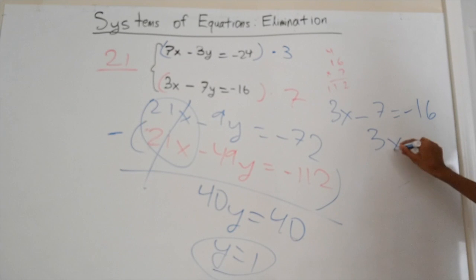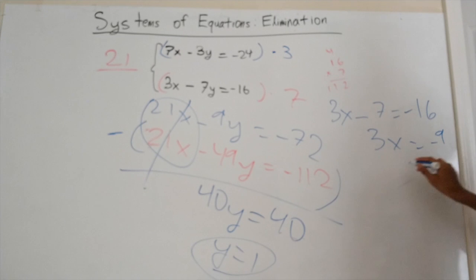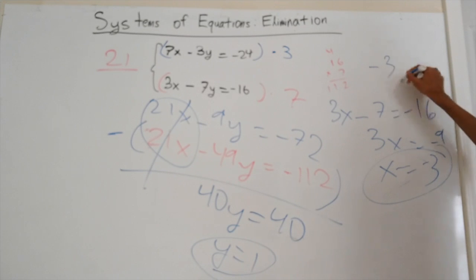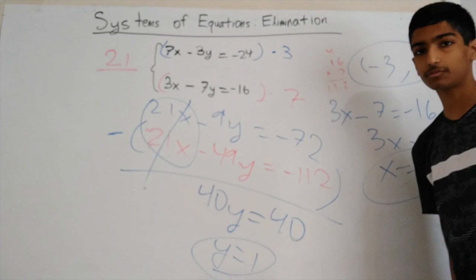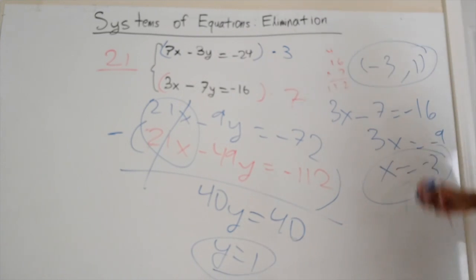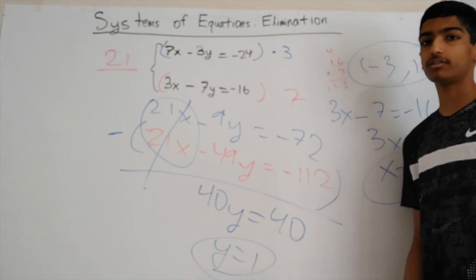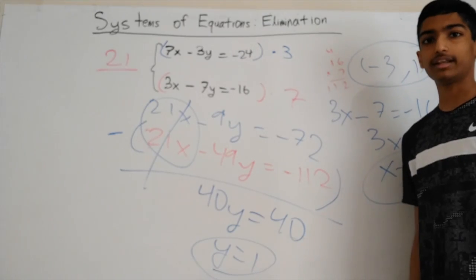So 3x equals negative 9, so x equals negative 3. So we have the solution negative 3, comma 1. So that's our answer for this problem. So this problem may seem daunting at first, but as you solve systems of equations using elimination, it gets much simpler. So now let's go on to the next problem.